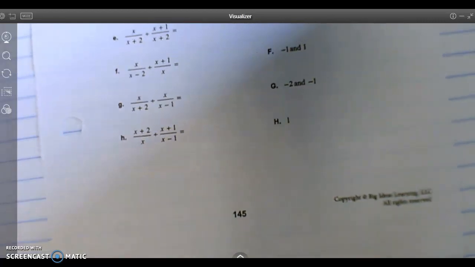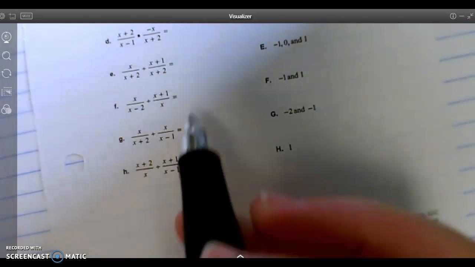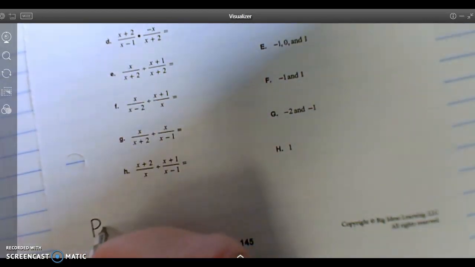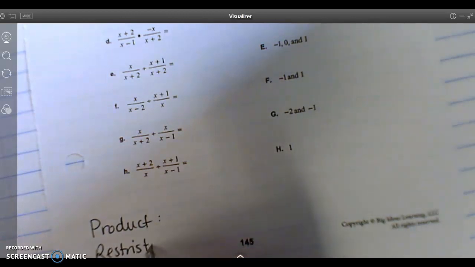And because you can't ever divide by 0, when you're looking at problems like this above, if it's a product, any number where the bottom is equal to 0 is a restriction.